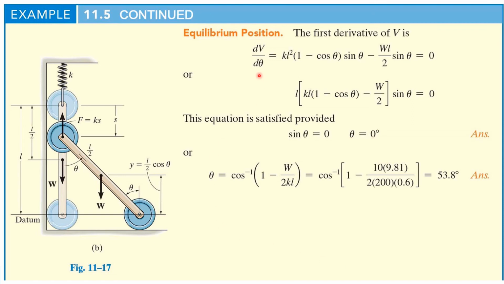Okay, dV d theta. From the previous equations, we get this. Sine theta cancels out. By the way, we're setting it equal to 0. So this expression in here is, the rest is math. This theta equals 0 is an unstable equilibrium.